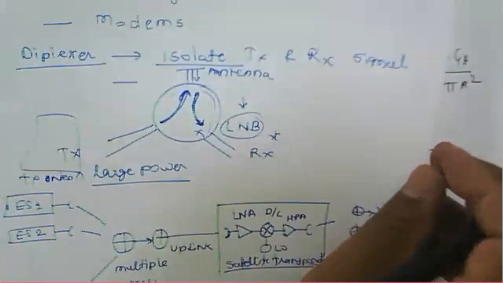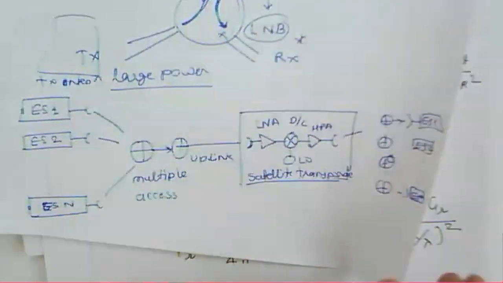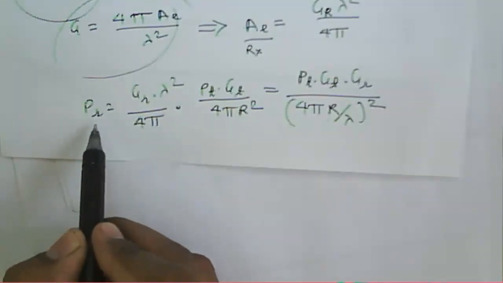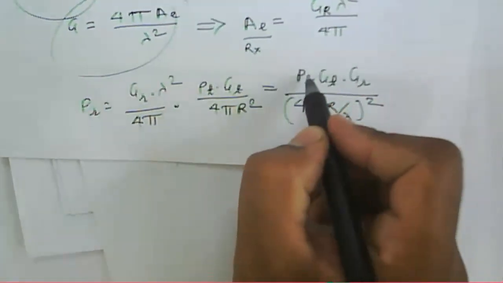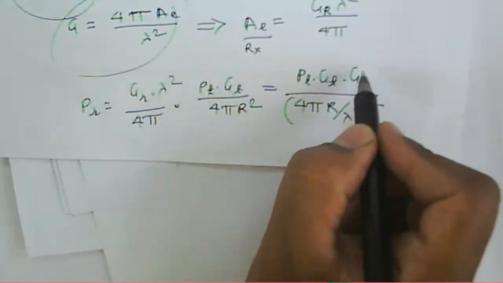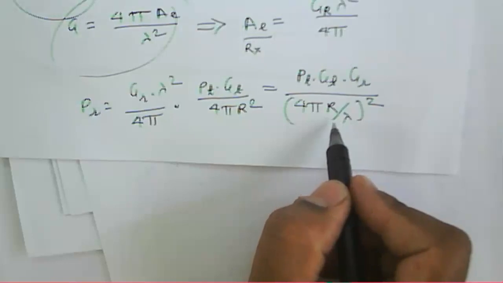So that's why this term 4 pi r square we are getting here. We say that the power received is depending upon PTGT, means power transmitting or gain transmitting, or gain of a receiving antenna, divided by this 4 pi r by lambda square.